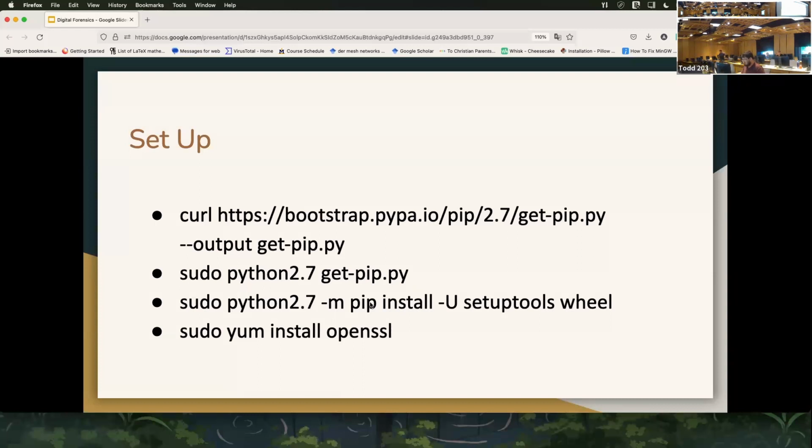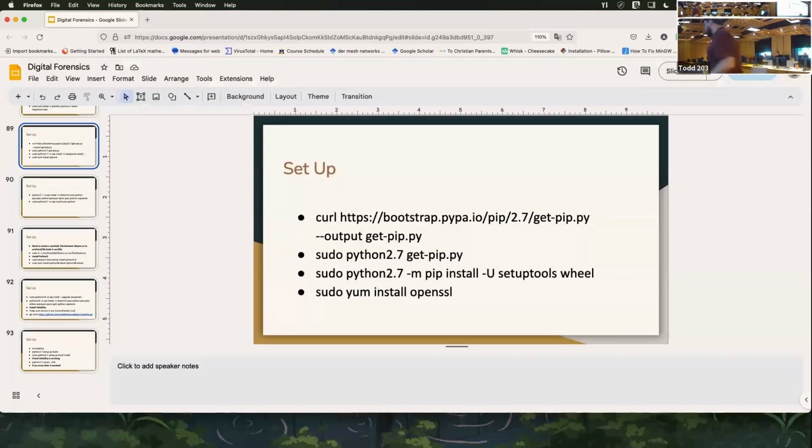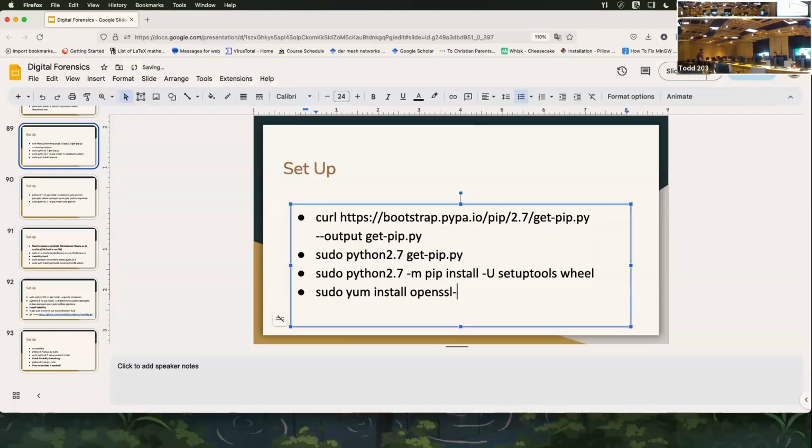Download this, run it, and install it. OpenSSL, I should talk about that. No package available? Yeah, I'm so sorry. I told you.